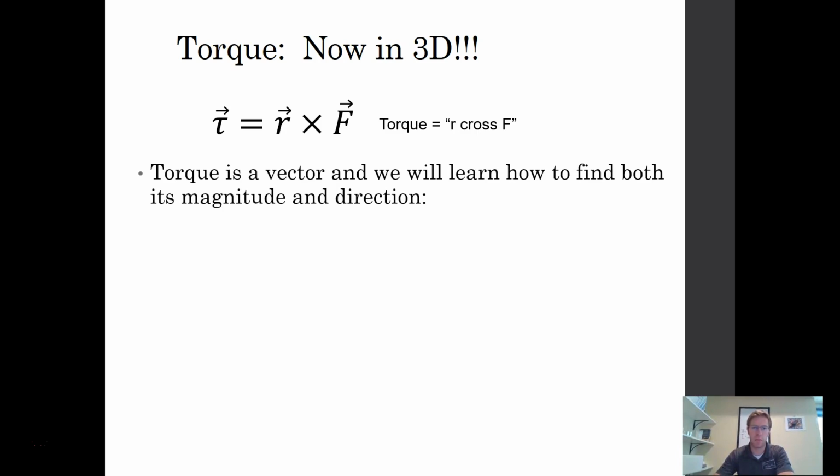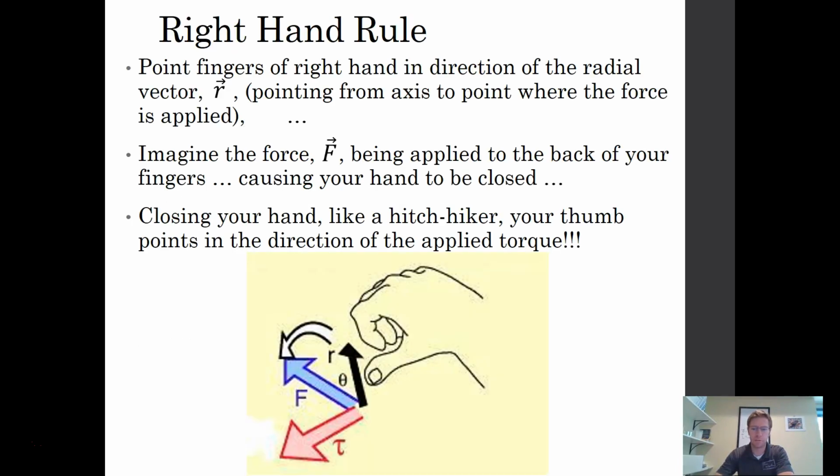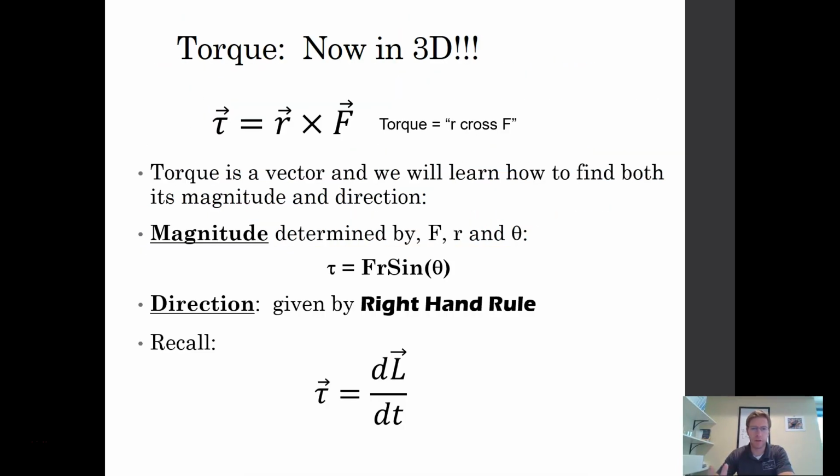Okay, so what the cross product is doing, you can see here, torque is r cross F. What the vector product or the cross product is doing is it's really trying to figure out how much 2 vectors are perpendicular to one another. Okay, so if you remember, the dot product tells us how much they're in the same direction. The cross product gives us an idea of their perpendicular relationship to one another.